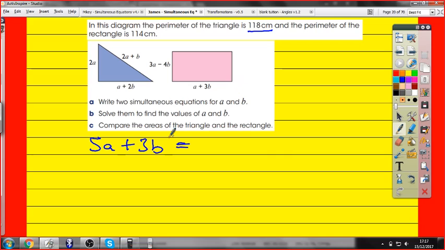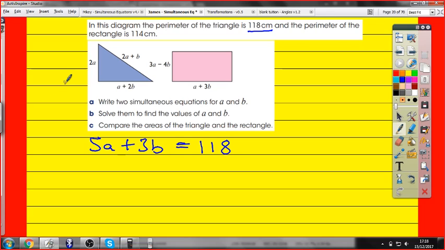Well, 5a and 3b is the perimeter. Yes, that's the perimeter. So 5a times 3b, would that be the area? Well, 5a plus 3b is the perimeter. The perimeter is 118. Oh, so equals 118. Yeah, and that's how you do these.